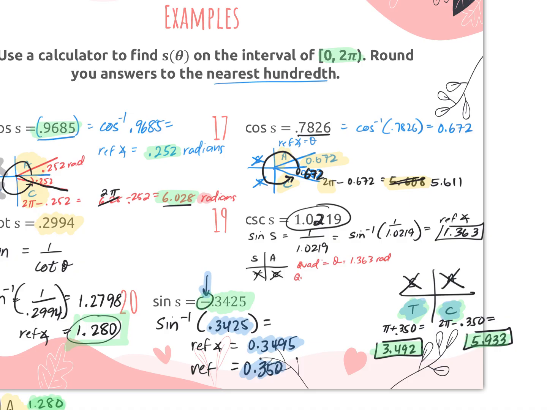In quadrant 2, theta is going to equal pi minus my reference angle, 1.363, which equals 1.779. Okay, so these are my two answers, and they're both radians. These are the two radian angles that are going to give me a cosecant of 1.0219, or a sine of 1 divided by 1.0219.